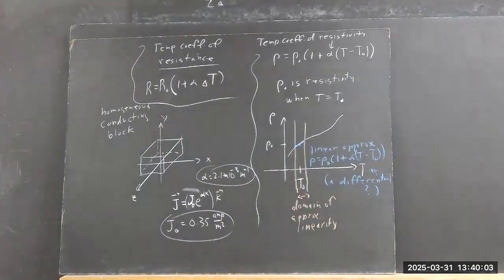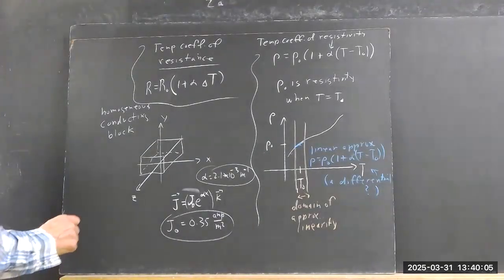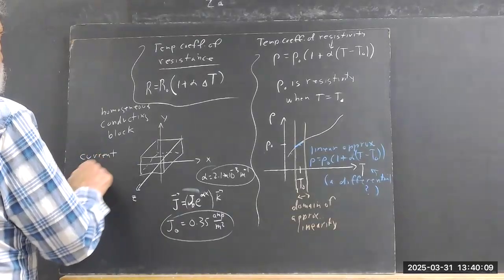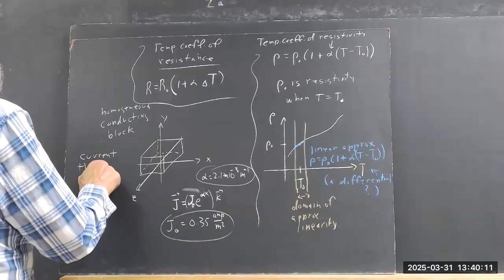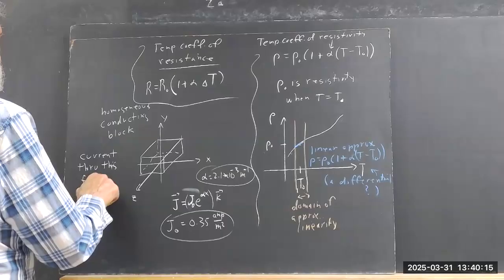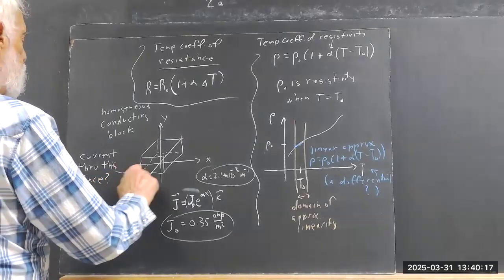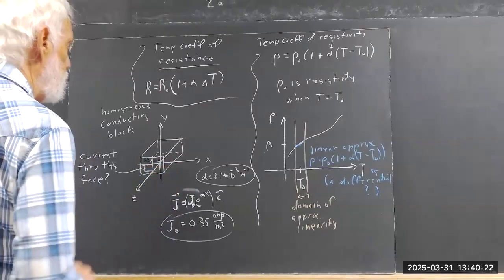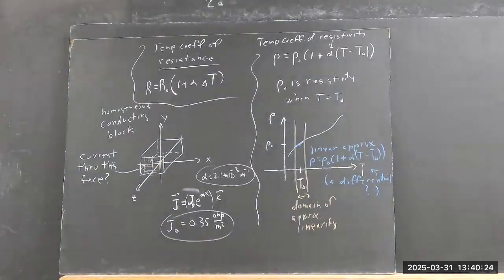Now the question is, what's the current through this space here? Now your book has a better picture.